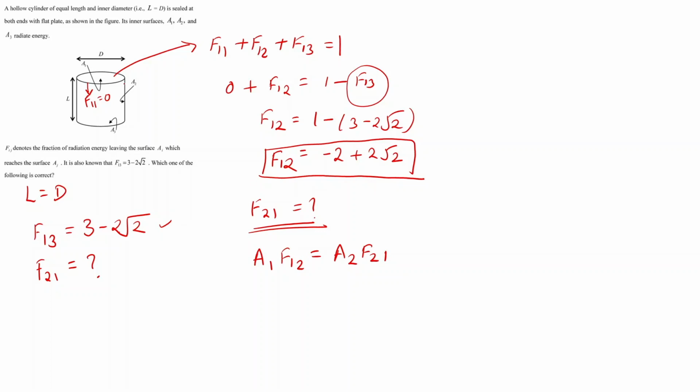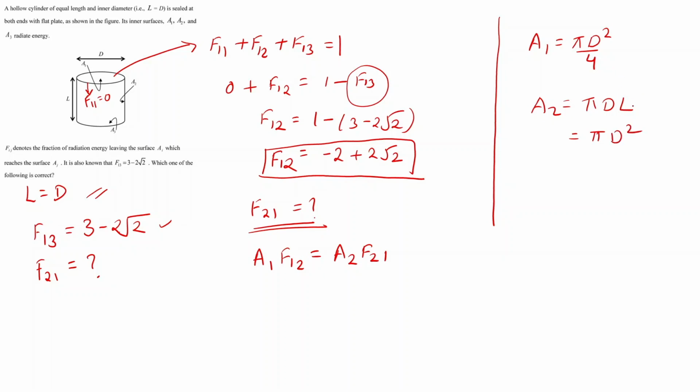Now let's just find the area of A1 and A2. A1 will be given as pi r square, so we can write this as pi d square by 4. Similarly, A2 is the curved surface, so it can be written as pi d into L. Here, since L is equal to D, we can write this as pi d square.